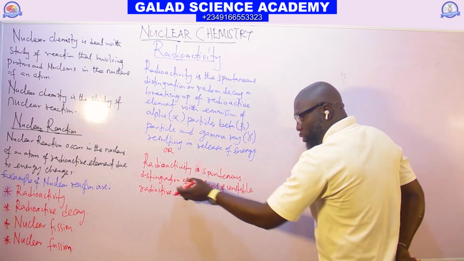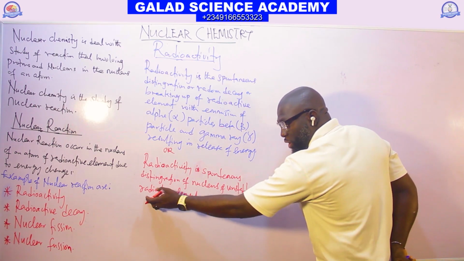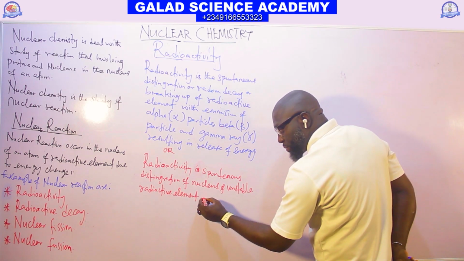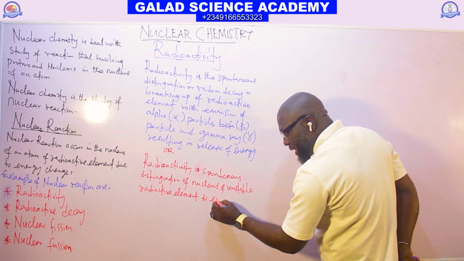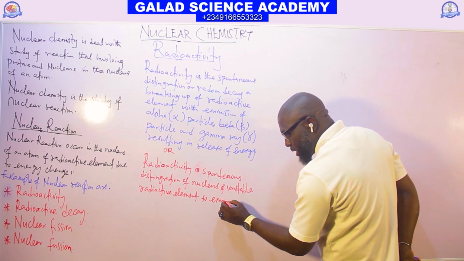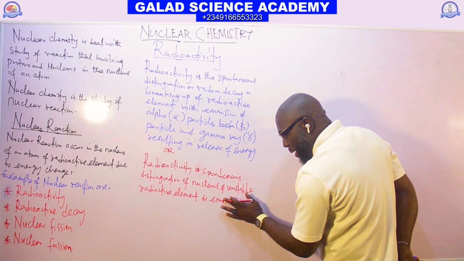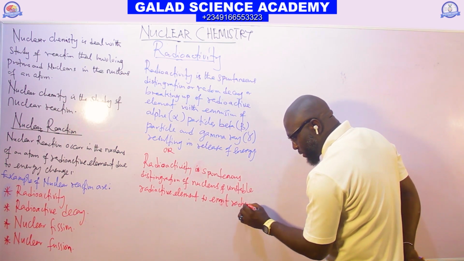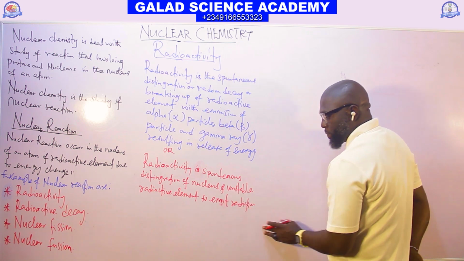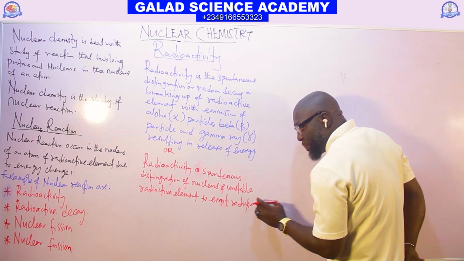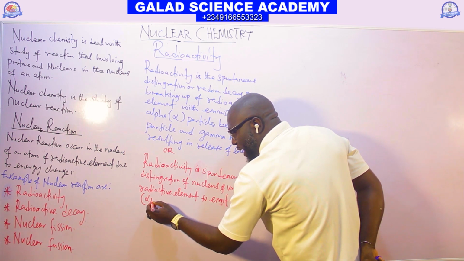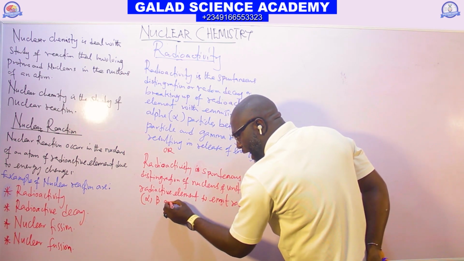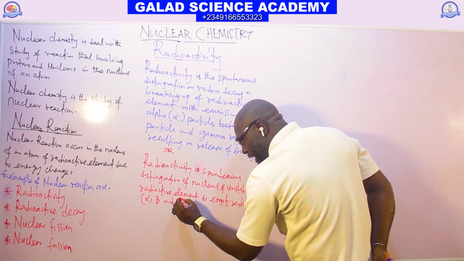This spontaneous disintegration breaks the nucleus of radioactive elements to emit radiation. The radiation that is emitted, we call alpha, beta, and gamma.